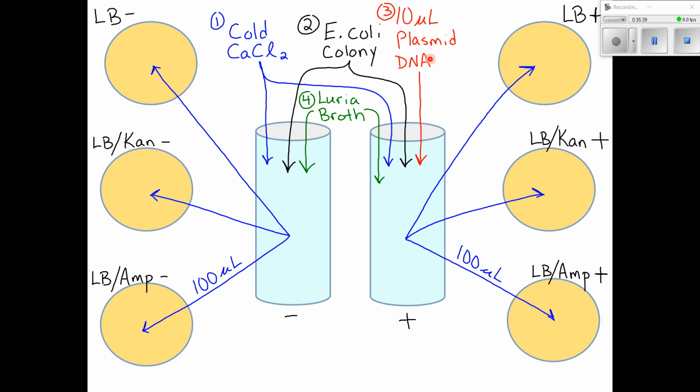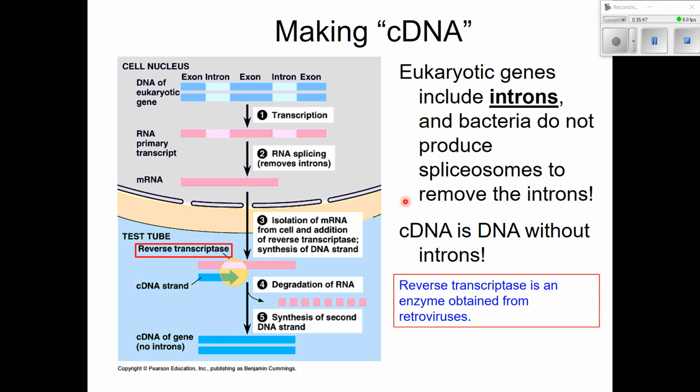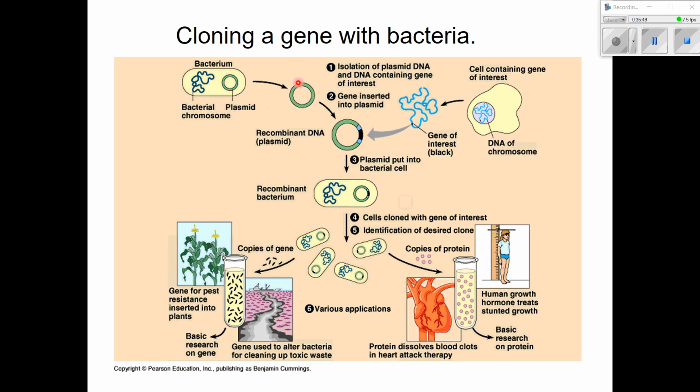In this little tiny drop of liquid that you add to this test tube, you're going to have thousands of copies of, let me remind you, these little circular plasmids. They're tiny, microscopic. You can't see them, but they're there. And instead of a human insulin gene, your plasmid DNA is going to have one or two other genes, and I'll get to that in a minute.